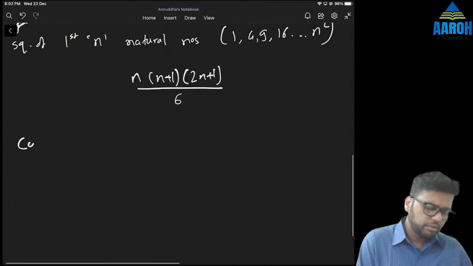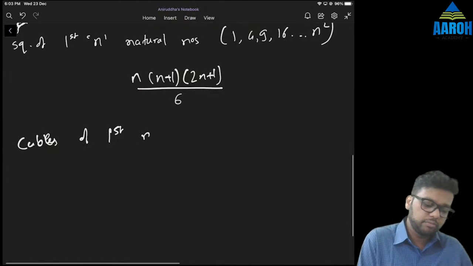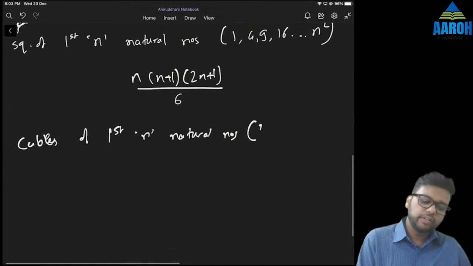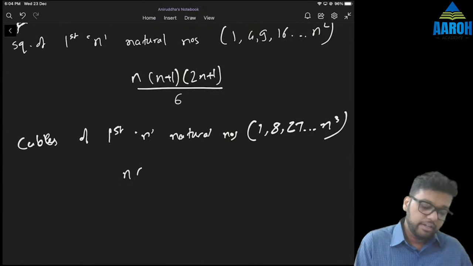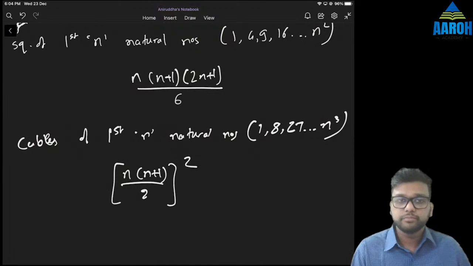The sum of cubes of the first n natural numbers, that is 1 cube, 2 cube 8, 3 cube 27 up to n cube, is n into n plus 1 upon 2, whole square.